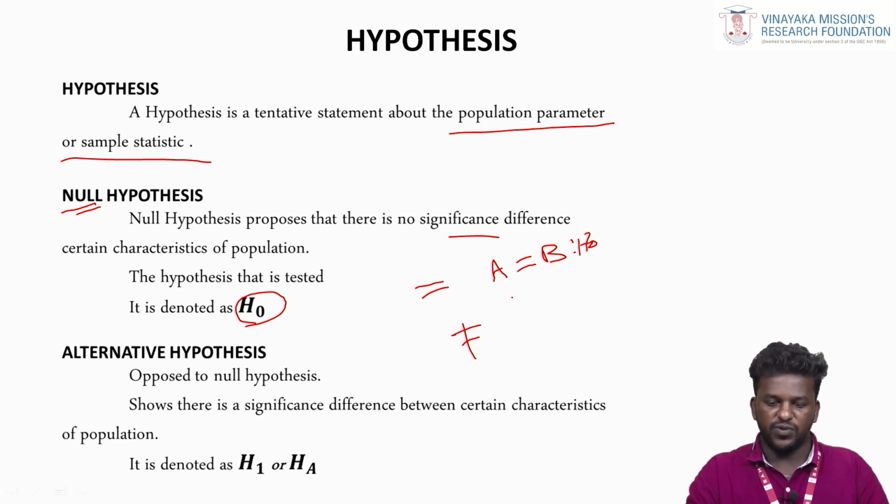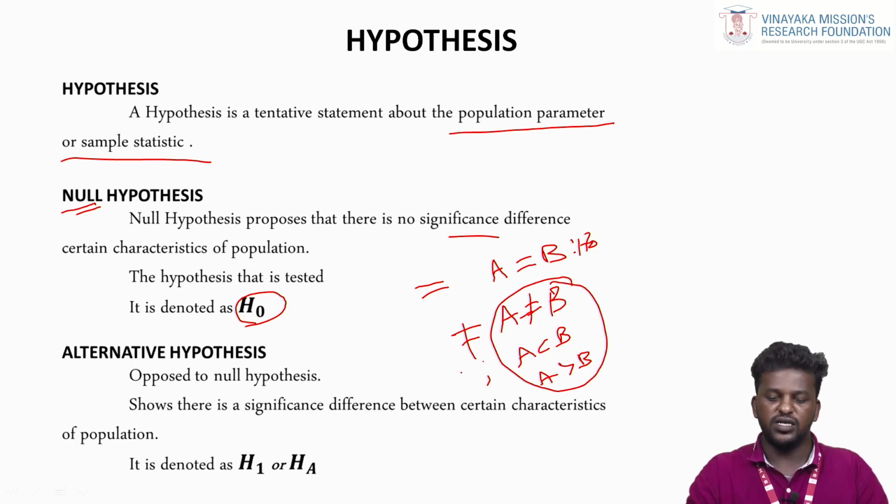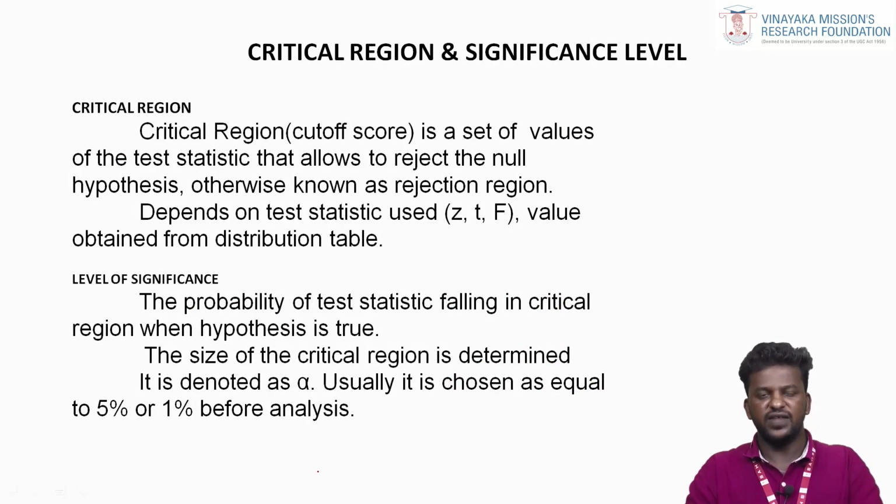The alternative hypothesis is just the opposite: the effect of drug A may be not equal to the effect of drug B, or drug A less than drug B, or drug A greater than drug B. It is denoted as H1 or HA, where A means alternative. Critical region and significance level play a major role in decision making about the hypothesis.